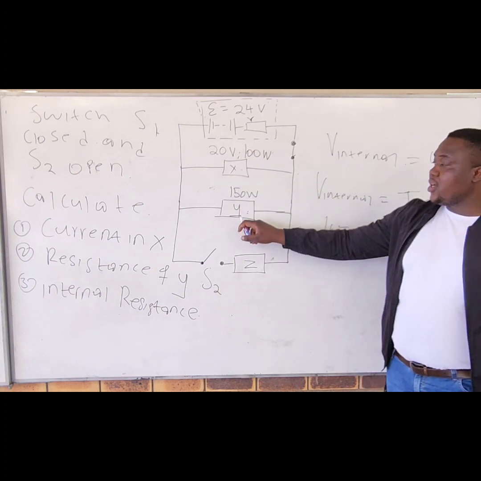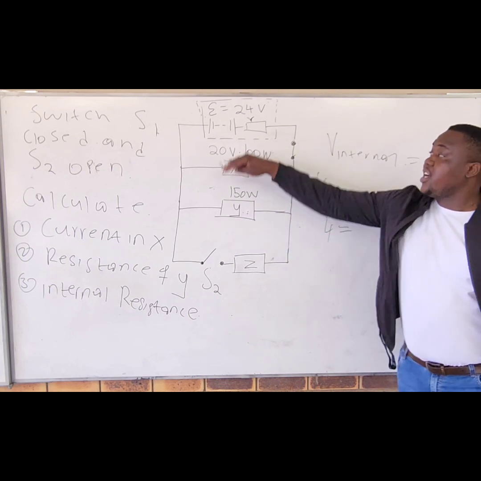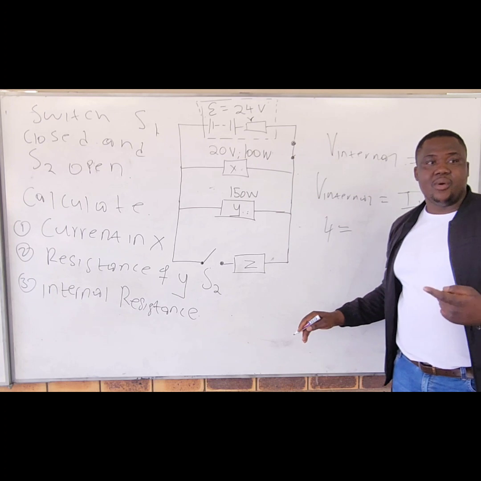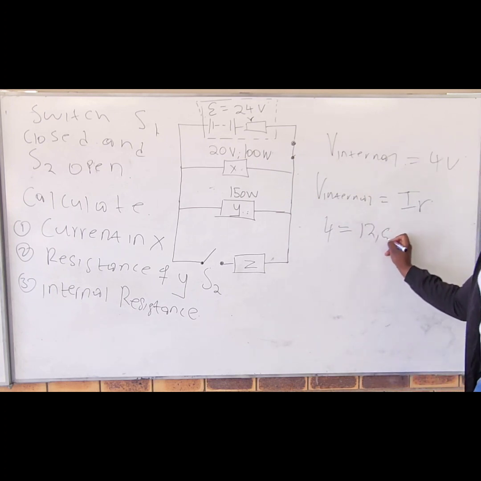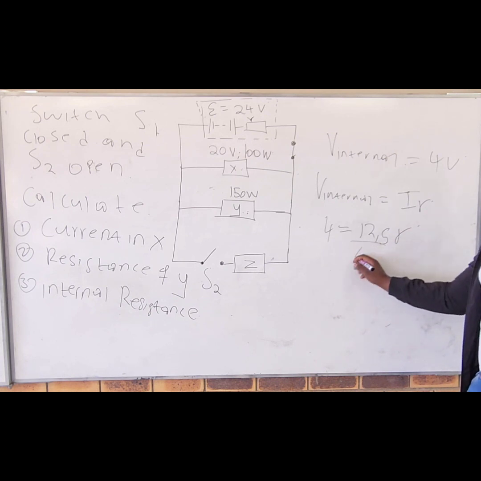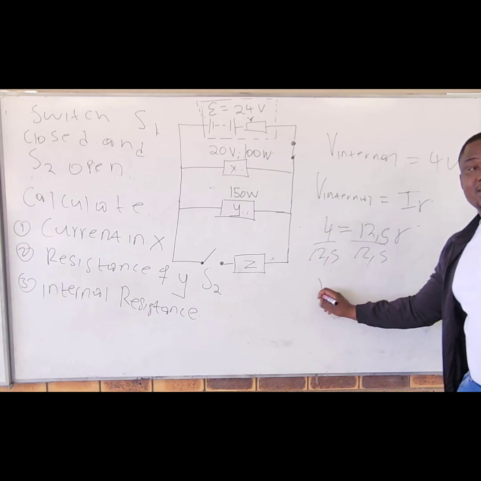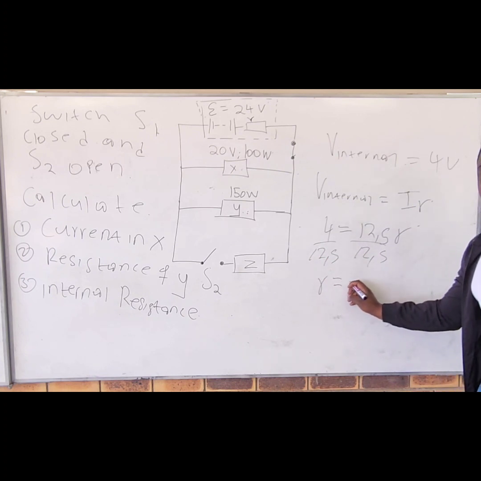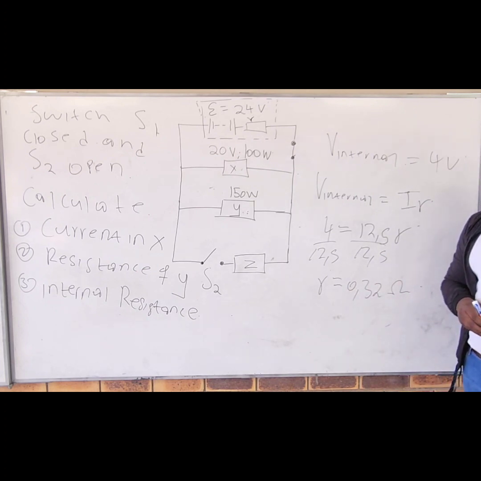When we calculated the current that is here, we got 7,5. So the total current of the whole circuit is 5 plus 7,5, which will give us 12,5. Then r. If we want to get the internal resistance, we just divide 4 by 12,5. And the answer is 0,32 ohms. It is very easy to get it, you understand?